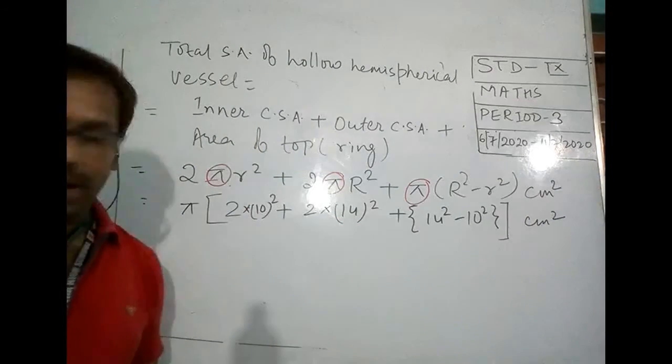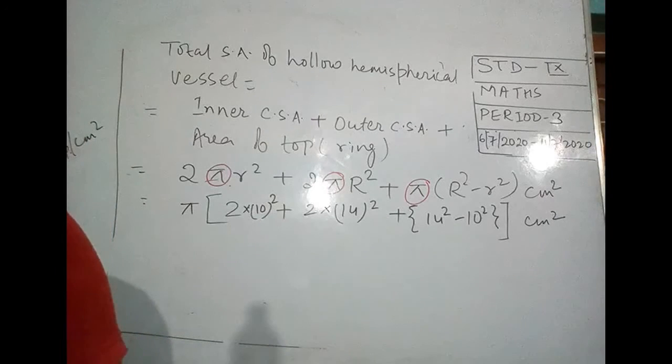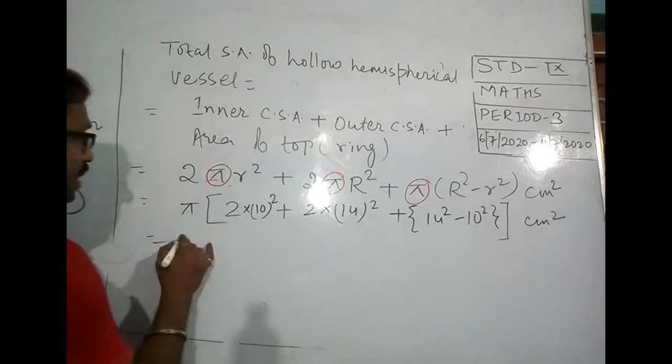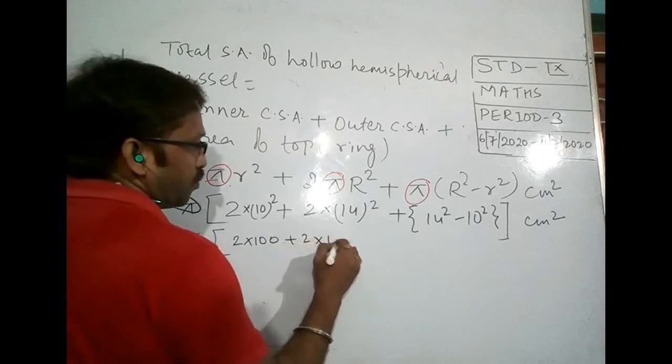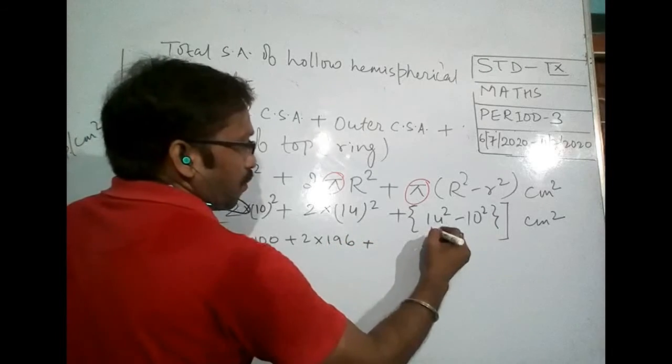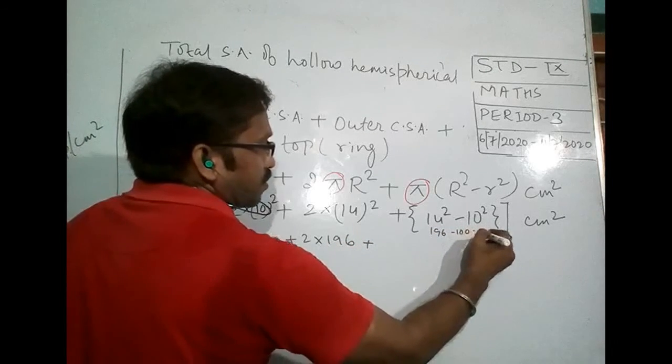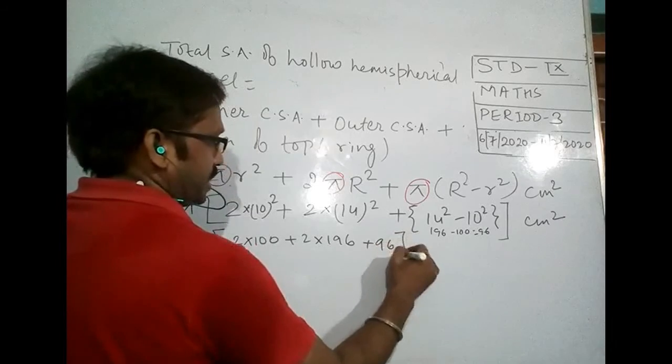So this is the total area we have to paint here. All these become 2 into 100 plus 100 minus 100.